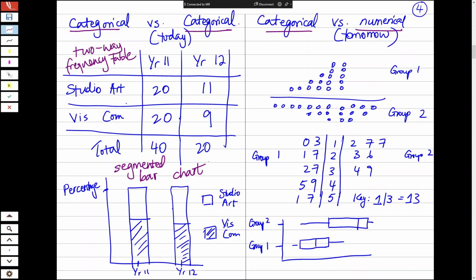So why don't you just have a quick look at that table there. I've just made up those numbers. That's our school. What do you notice? Okay, so in year 12 there are less students.